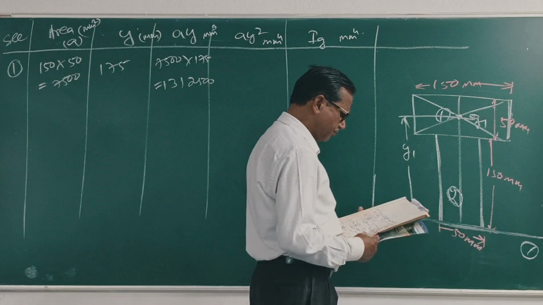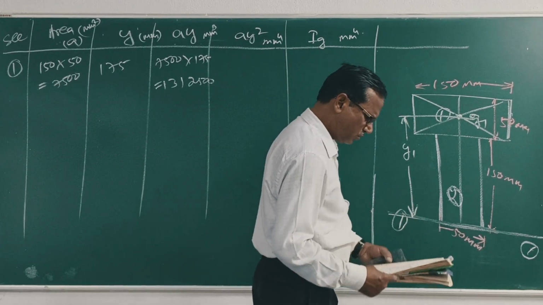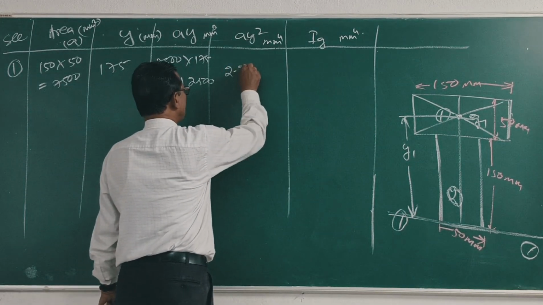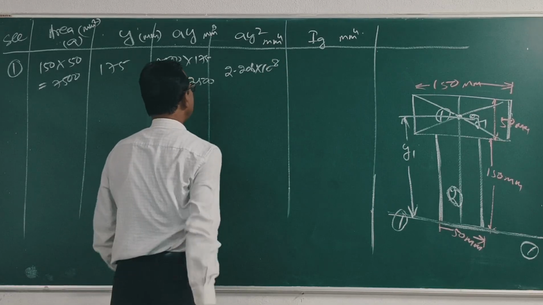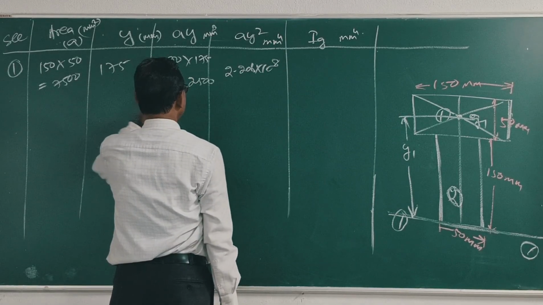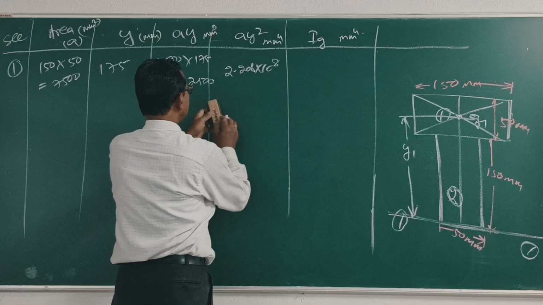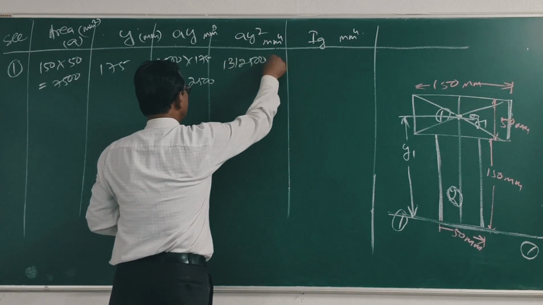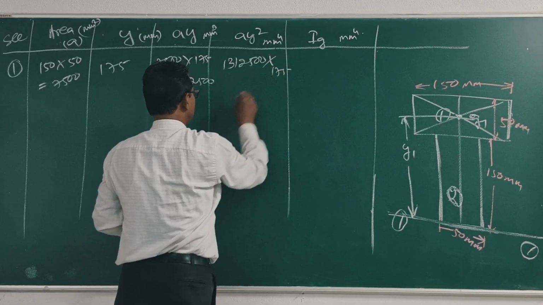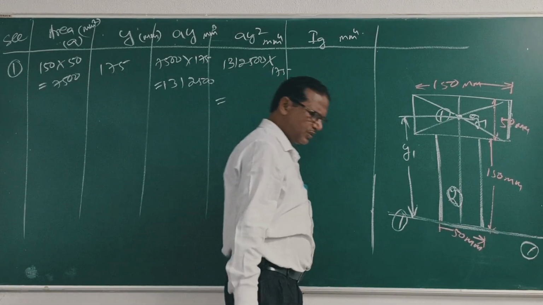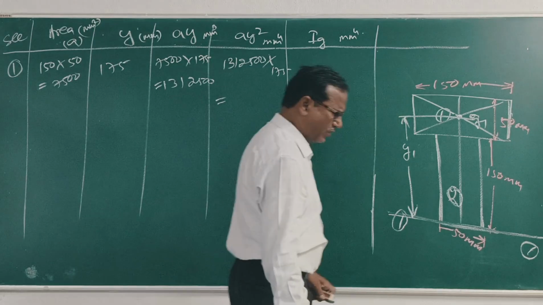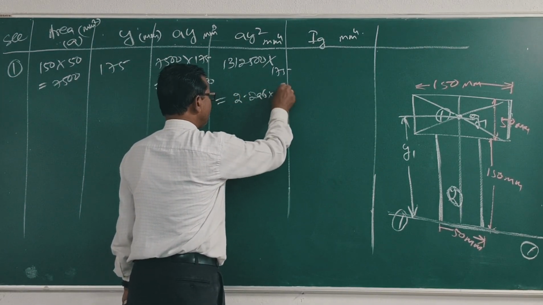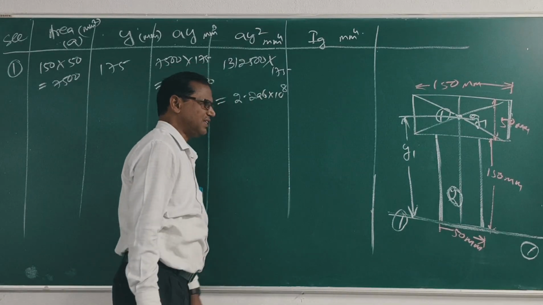Ay square is equal to 1312500 into 175. Clear? This is equal to 2.296 into 10^8 mm^4.